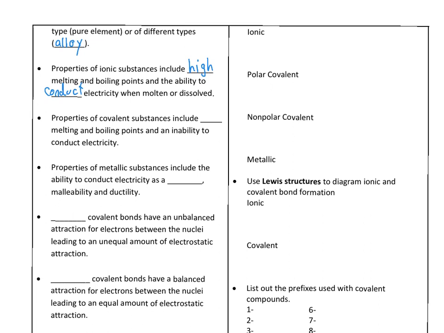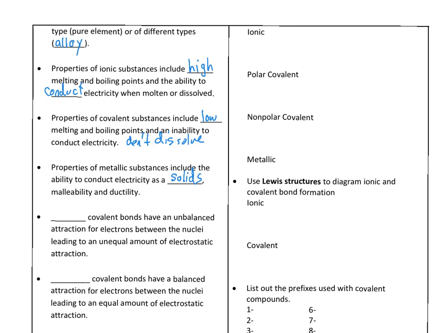But covalent substances are kind of opposite. So they have low melting and boiling points. They don't conduct electricity, right? They don't dissolve, not soluble, those sorts of things. Metallic substances are always going to conduct electricity, but they'll do it as solids. And they're also malleable and ductile.